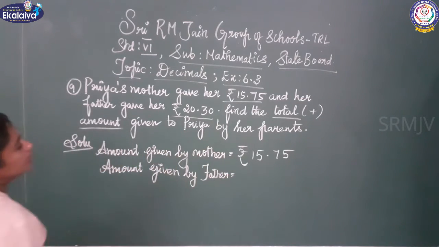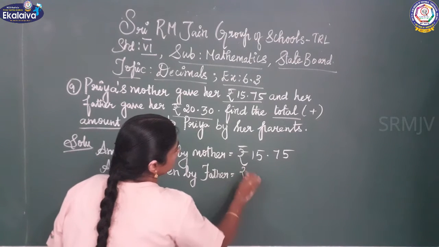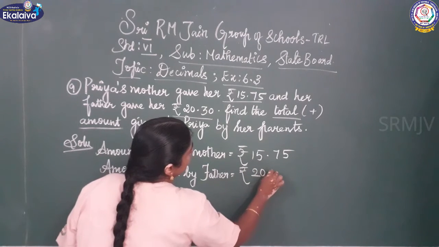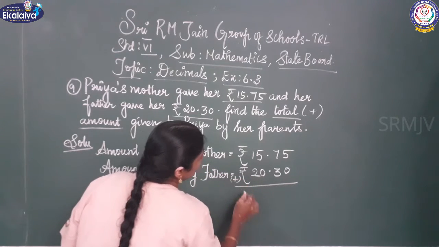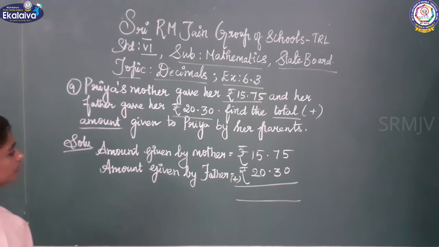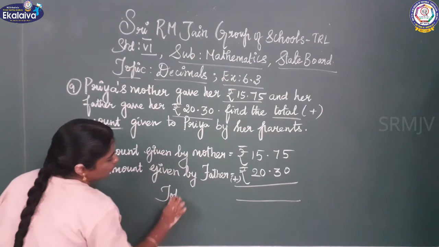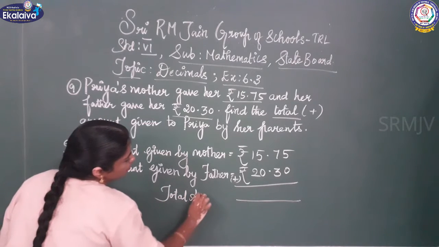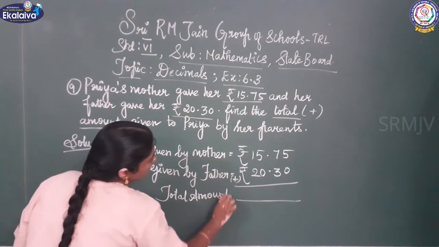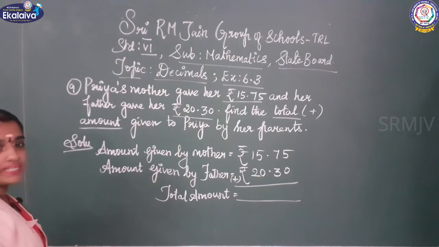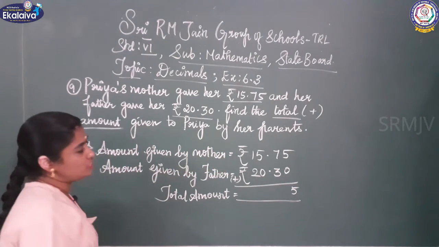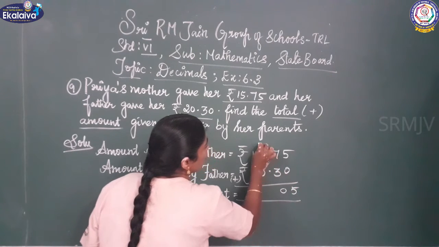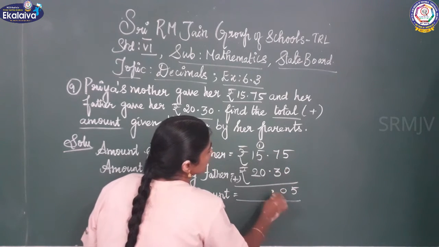How much? 20 rupee 30 paise. Now I am going to find the total amount. See, listen. Total amount is equal to, listen, 5 plus 0, 5. 7 plus 3 is 10. So 0 here, 1 carry over. Keep the dot as it is.